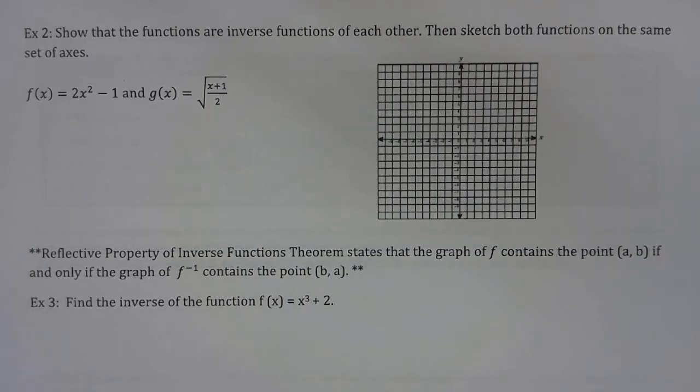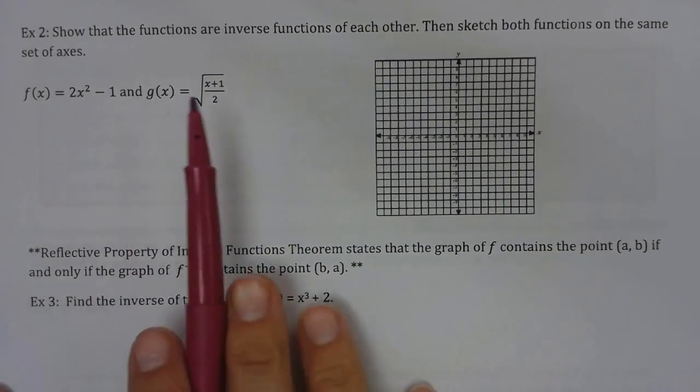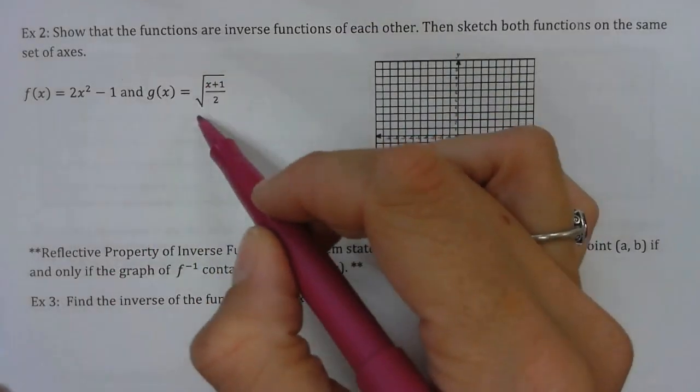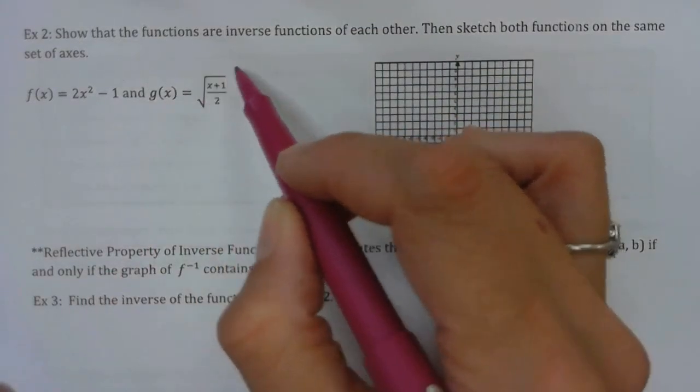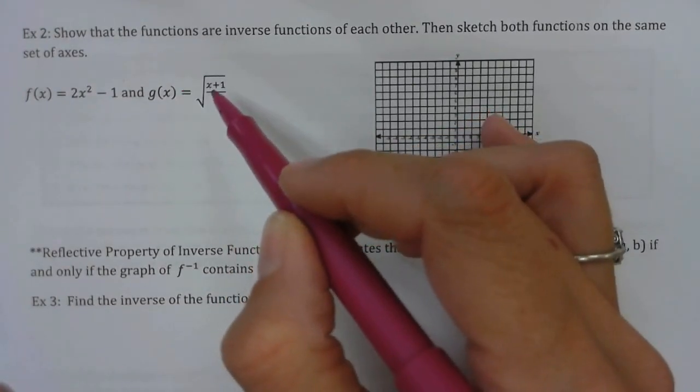So we know that x squared is not 1-to-1 without a restricted domain. So the only way for this function and this function to be inverses is to take into account that g of x is only the positive square root.